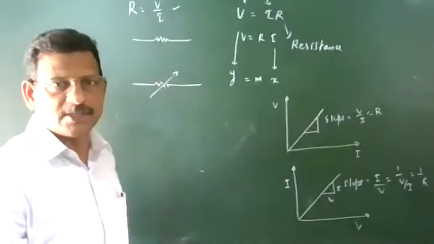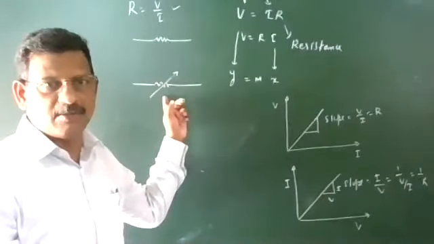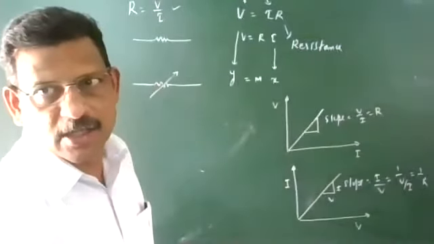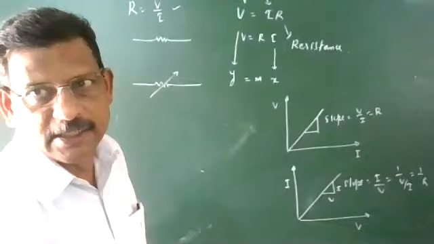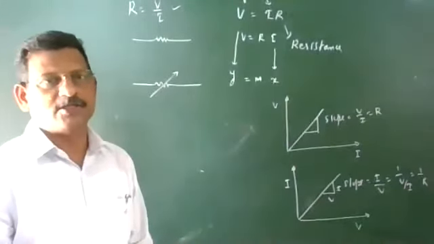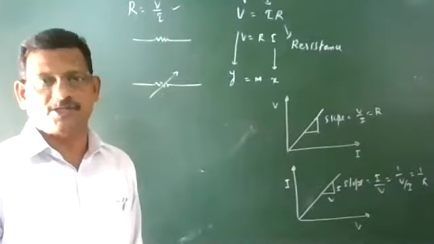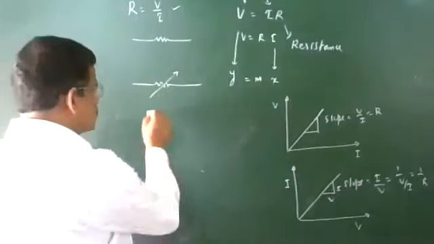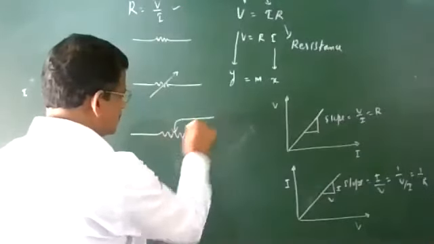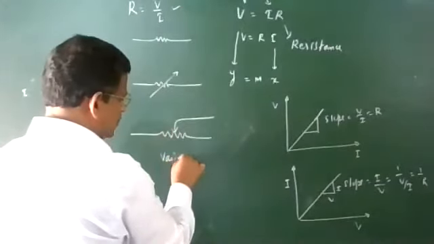You can take the example of your fan regulator. In the fan regulator, there are so many resistors connected in series. So when you adjust that, resistance changes, current changes. That is a variable resistor. We call it a rheostat.